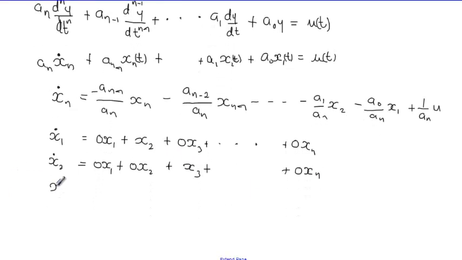Similarly, x3 prime will be equal to x4, then we'll have 0x3 plus x4 plus up to 0xn. On this side we're going to have 0x2, 0x1.